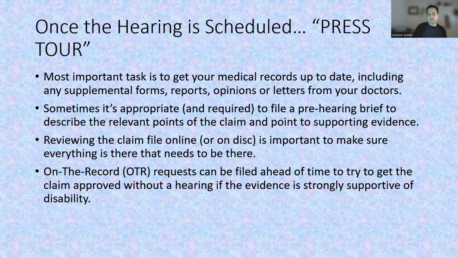And if you file it ahead of time and you can flag it to the judge to let the judge know it's there, sometimes if you get a decent enough judge that has enough free time, they will pull it, look at your claim file ahead of time, and if they agree with you, they will actually agree to award you your benefits without having to do the hearing. And sometimes it comes down to the 11th hour where they look at it the day of or the day before, but it's still a better outcome than doing a hearing and leaving it up to chance.